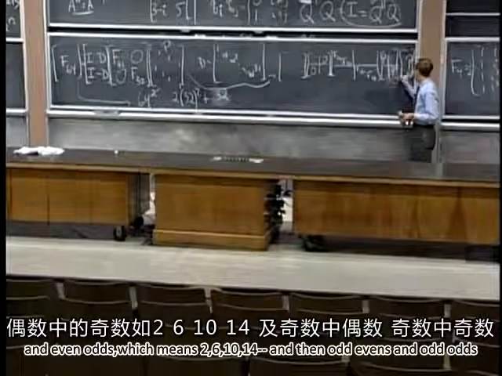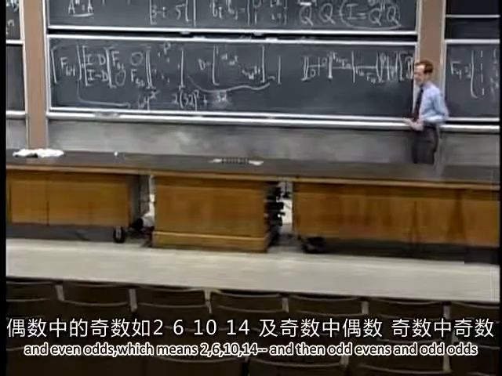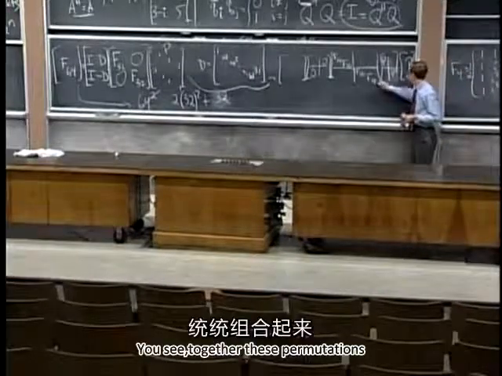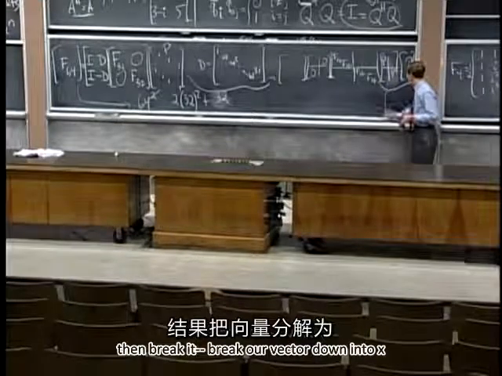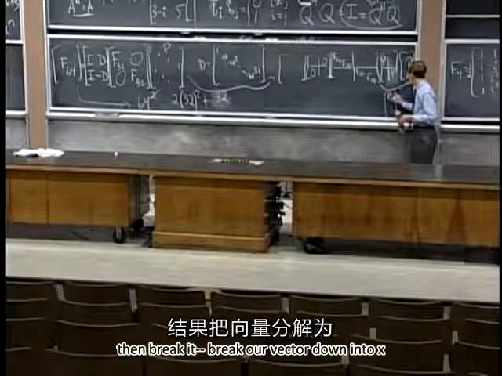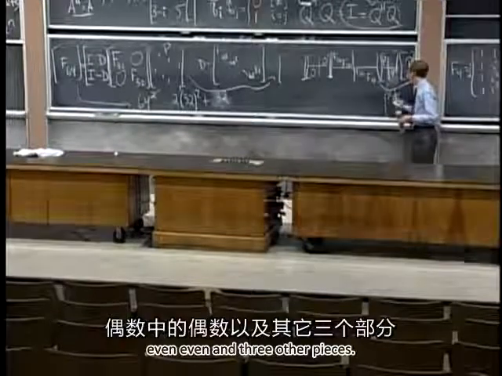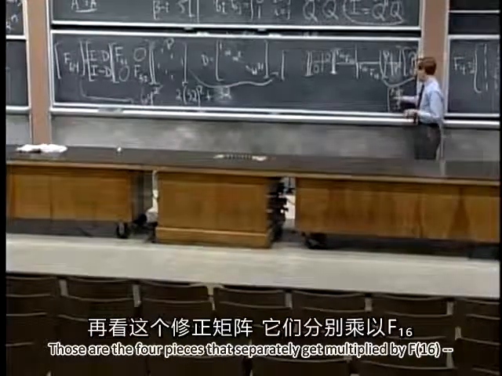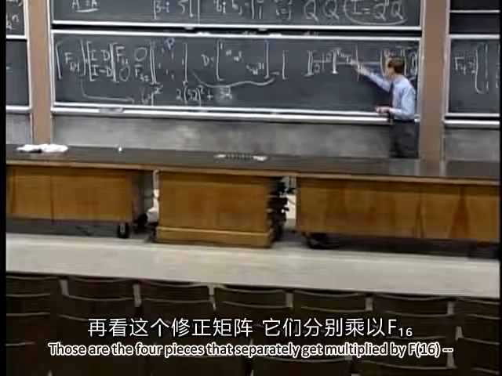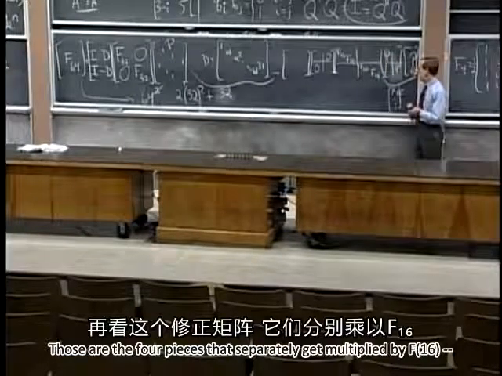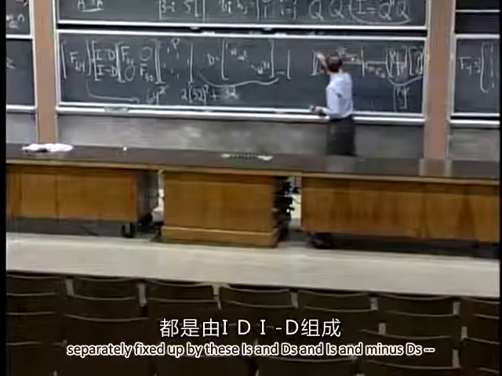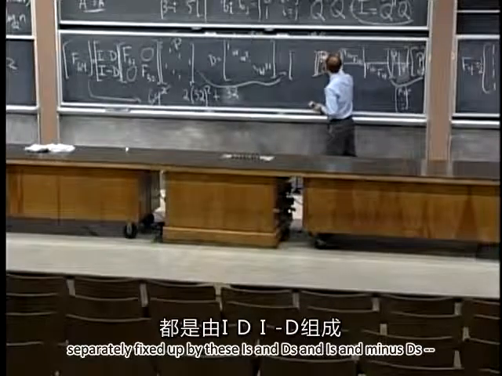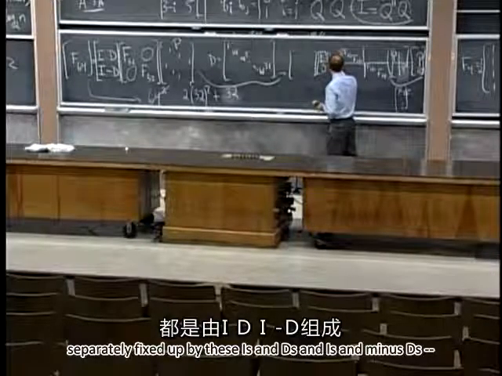And then odd evens and odd odds. You see, together these permutations break our vector down into x even and 3 other pieces. Those are the 4 pieces that separately get multiplied by F16, separately fixed up by these i's and d's and i's and minus d's.